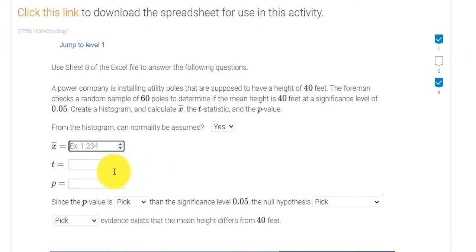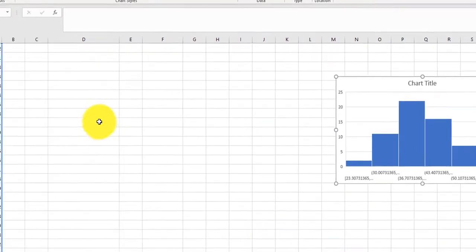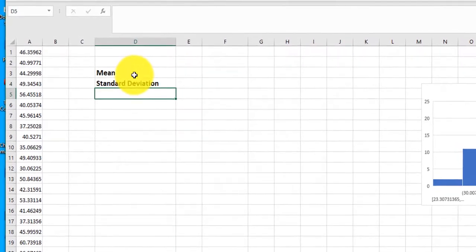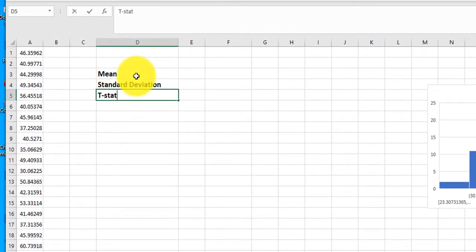So first we have to find the average. I type in, we're going to look for the mean, standard deviation, our test statistic, and our p-value.